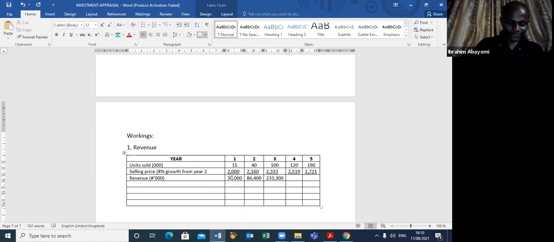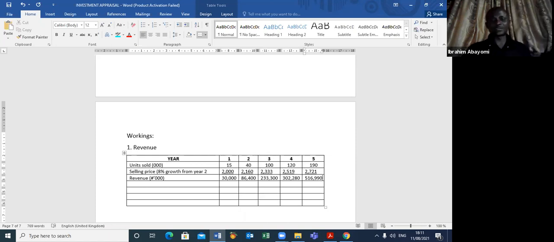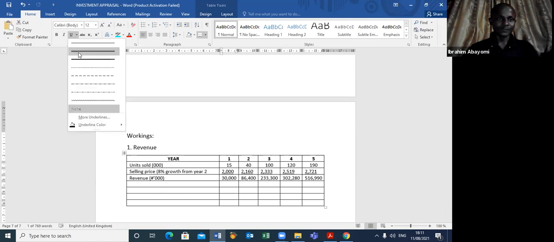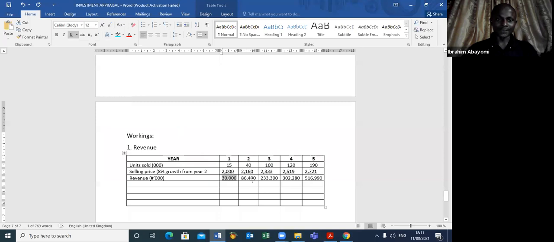Then 120 times 2,519 should be 302,280. And the last one, 190 times 2,721, will be 516,990. So these are the sales revenue.